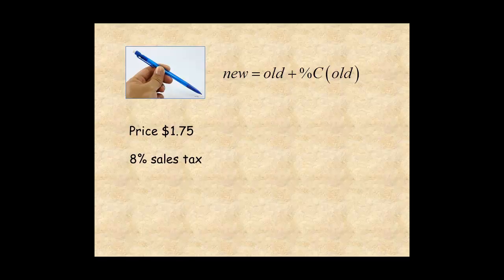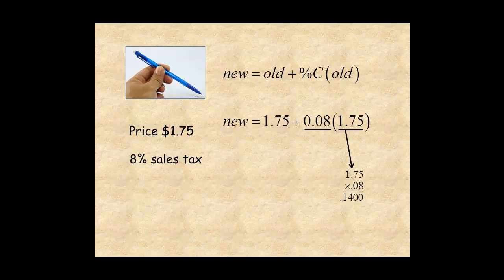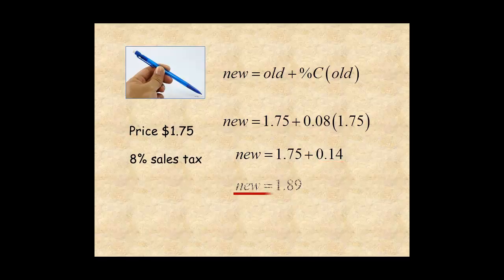To find the actual amount you have to pay, substitute old equals 1.75, and percent change is 0.08. Then multiply 0.08 times 1.75, and you have 1.75 plus 0.14. Add these amounts, and the new price, the actual amount you have to pay, is $1.89.